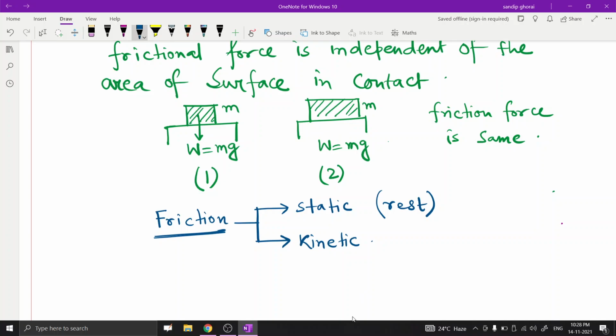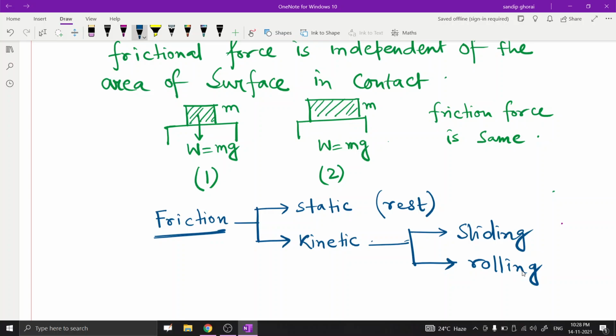And what is kinetic friction? It is the force of friction in which case a body is moving. Kinetic friction is classified into two different types. One is sliding friction, and another one is rolling friction. When we slide an object on a surface, we get sliding friction.